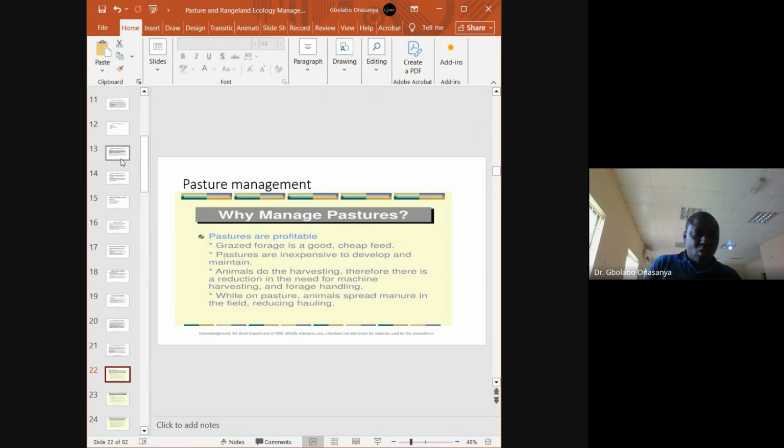Now, we move to pasture management. And all I have said about rangeland management applies to pasture land management. The advantage you benefit from rangeland management is the same advantage you benefit from pasture land management.